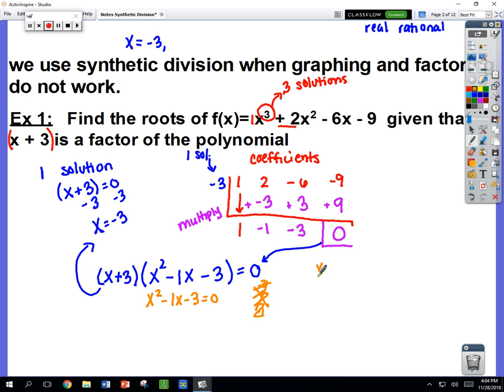So I would do x is equal to opposite b plus or minus the square root of b squared minus 4ac, all over 2a.